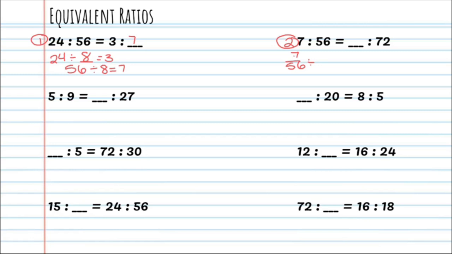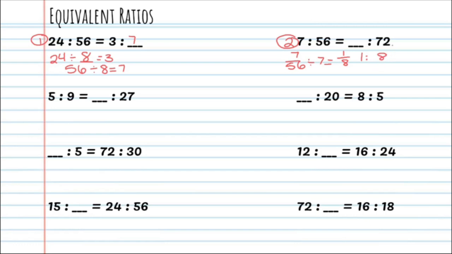So we know both 7 and 56 are divisible by 7. So we are going to divide both the top and the bottom by 7. 7 divided by 7 gives us 1, and 56 divided by 7 gives us 8. So we know that the most simplified version of this ratio for these equivalent ratios is a 1:8 ratio.